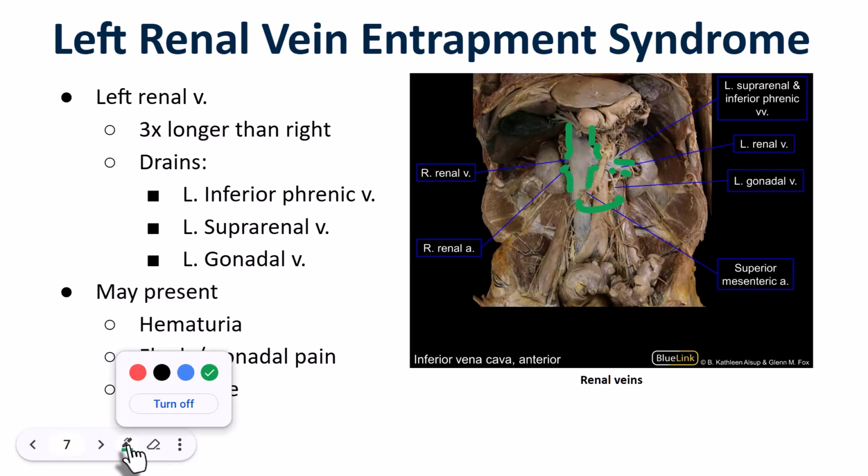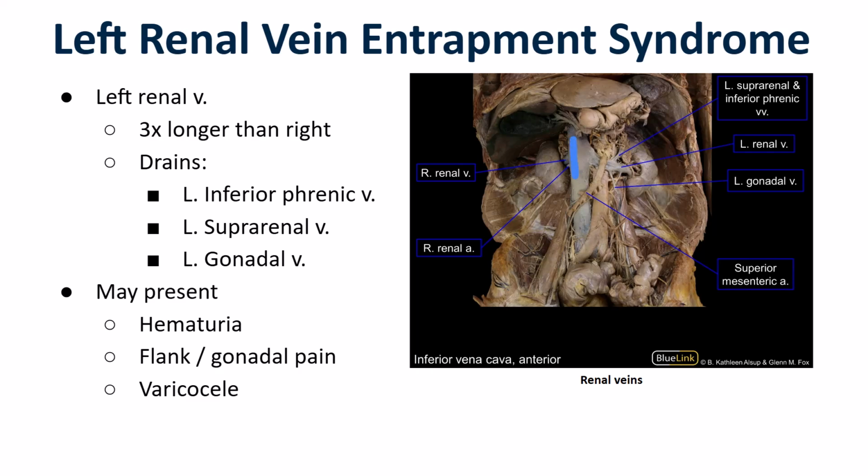So let me switch colors here. Actually, let me do it like this. Let me go back, and so this is blue. This is vein that's going out to the kidney. And here is the SMA crossing over that left renal vein. Now there are a couple of branches, or I should say tributaries, that feed into that left renal vein. This one, ascending from below, is the left gonadal vein.